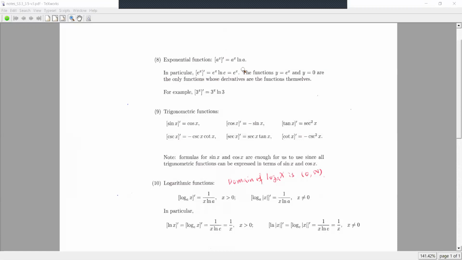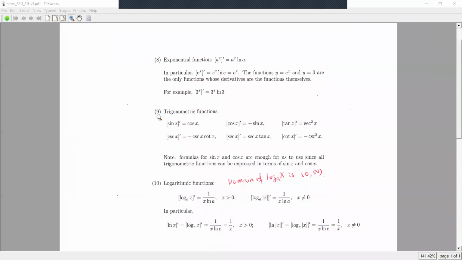There are only two functions that, after you take derivative, are the function themselves. These two functions are e to x and 0. For example, derivative of 3 to x is 3 to x times natural log of 3.